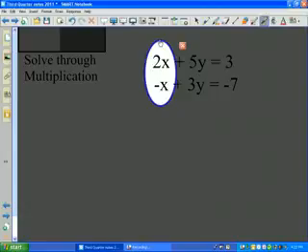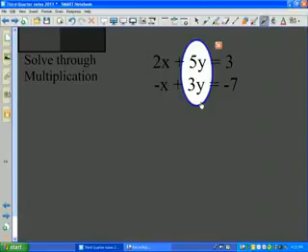Would it be easy for me to change that 2 into a 2? I don't really have to do anything. But I can change that -x into a -2x just by multiplying it by 2, right? So that if I multiply that term by 2, I would get same numbers. Beautiful.